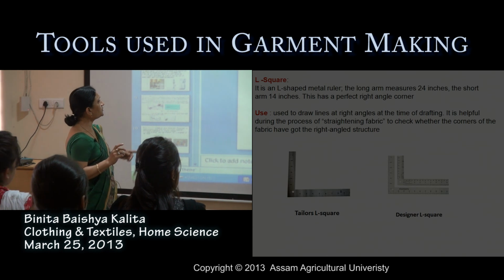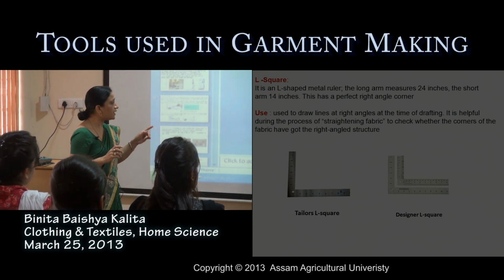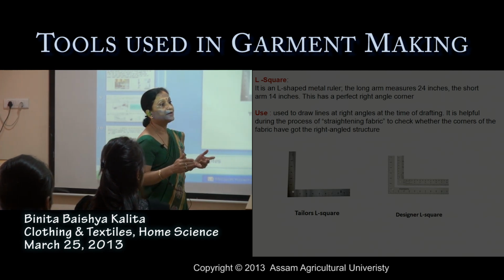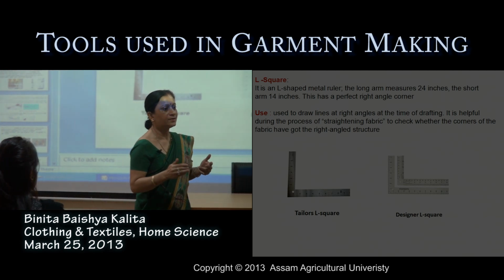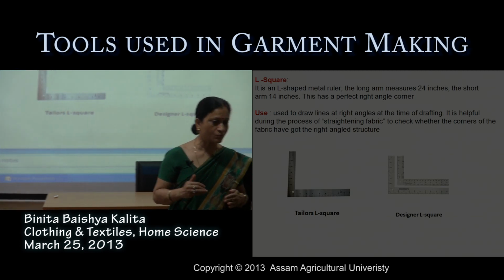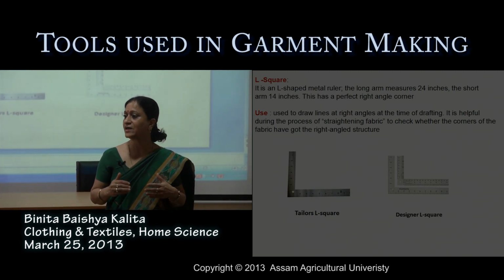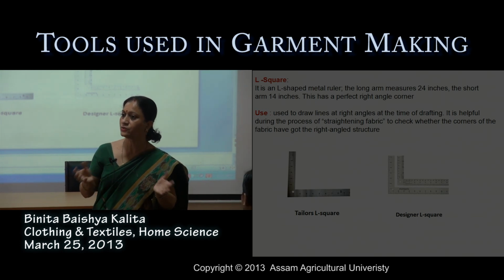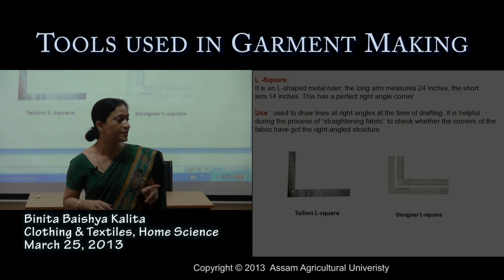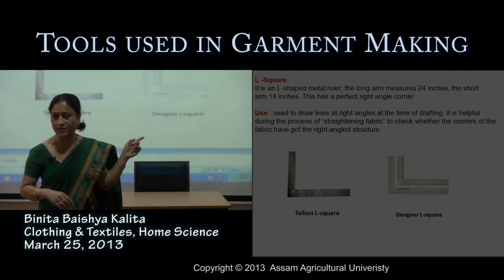This L-square is also used to check whether the grain is proper or not, whether the lengthwise grain is at right angle to the crosswise grain. So after doing the straightening, you can check whether the grain is proper by using the L-square.